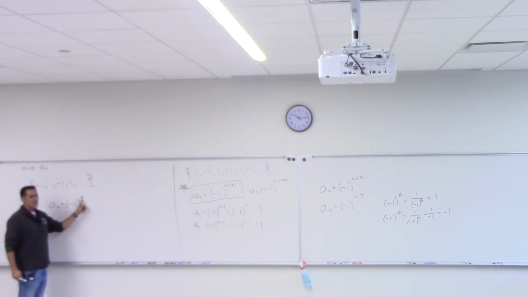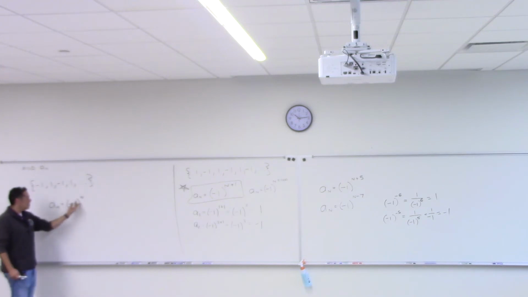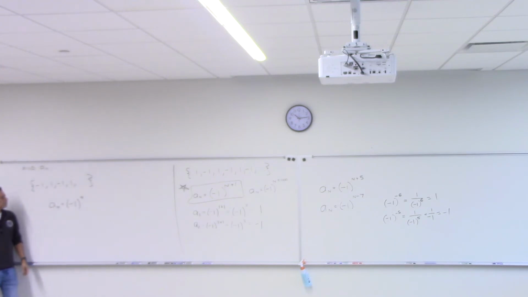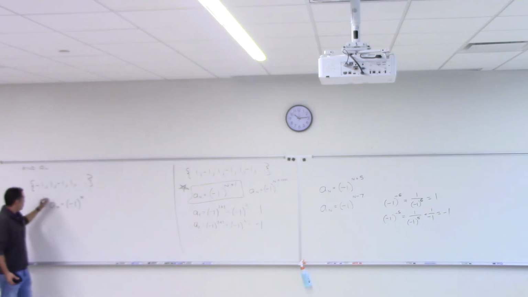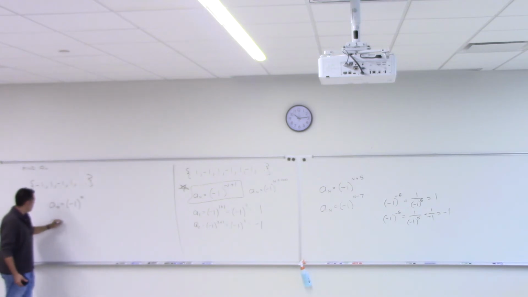So, why just n? Well, plug in 1 right now. You get negative 1. Plug in 2, you get positive 1. Plug in 3, you get negative 1. 4, positive, right? That would work.